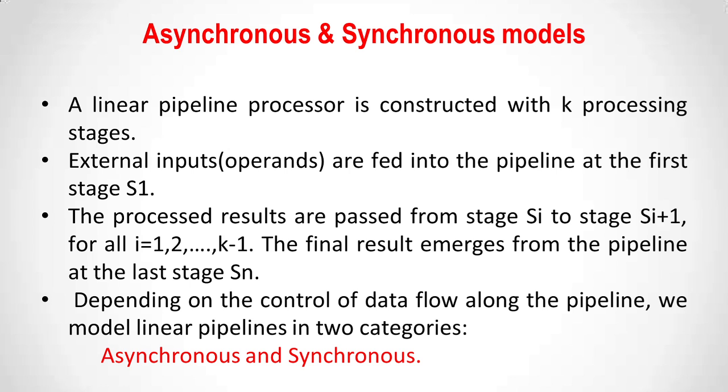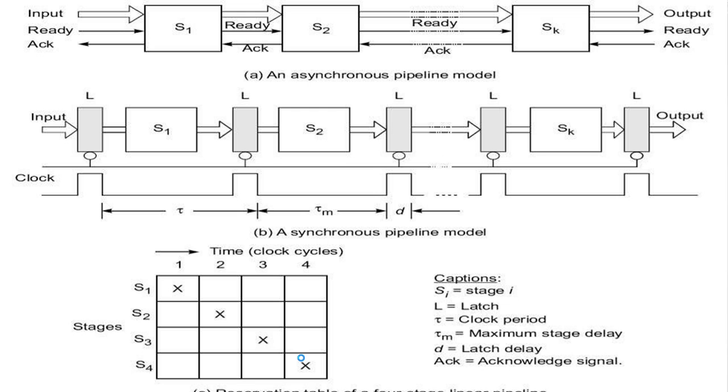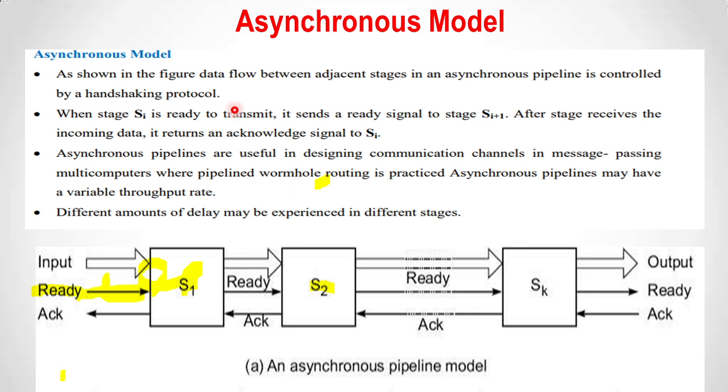Again, we have two types: synchronous and asynchronous. Asynchronous uses a handshaking protocol, where each stage has a ready as well as an acknowledgement signal. Whenever stage Si is ready to transmit data, it sends a ready signal to the next stage, and after receiving the data from the previous stage, it sends an acknowledgement back.